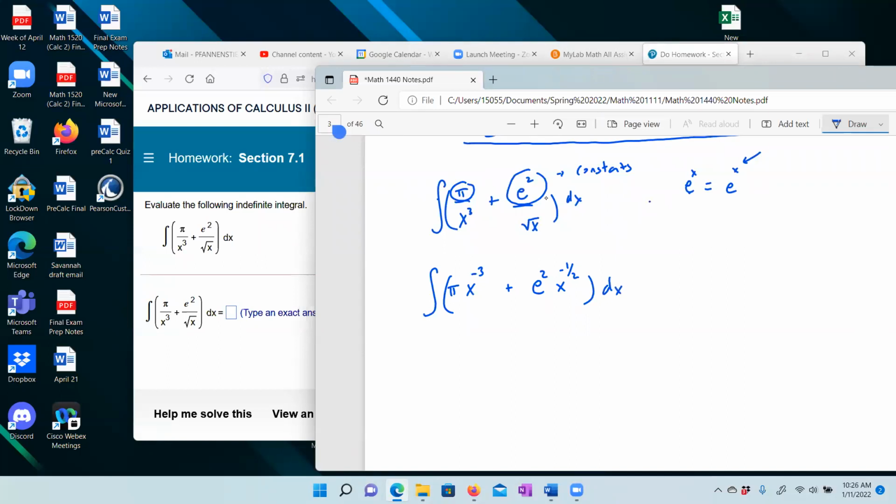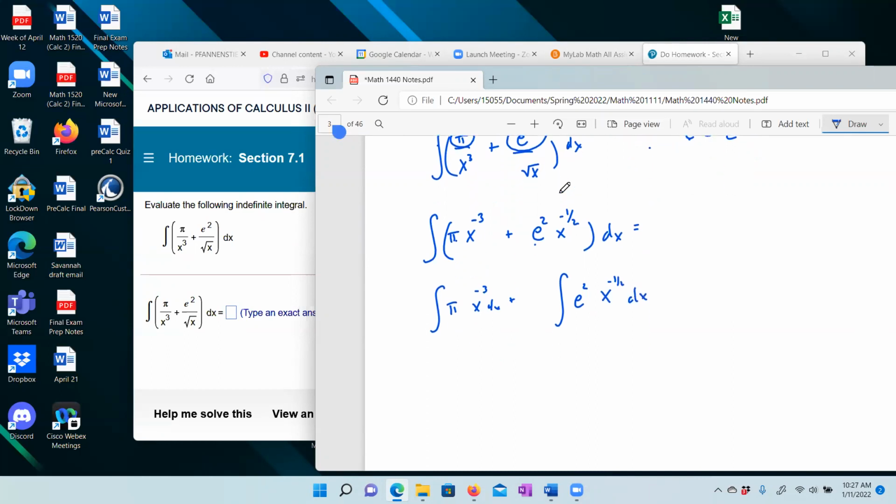Again, we don't even really see the pi or the e squared because we know they're constants, so they're just going to slide through the integral. What I mean by that is technically we have a sum of two functions, pi x to the -3 plus e squared x to the -1/2, with dx's.